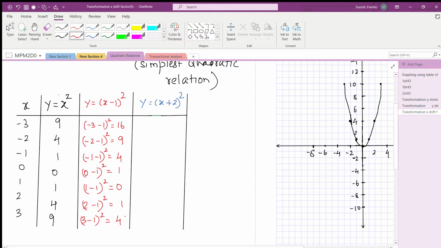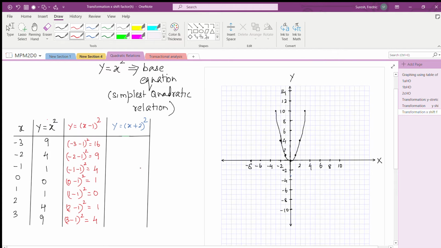Okay, so let's go back here and then plot it on the grid to see what this transformation looks like. So the first point is -3, 16. We cannot plot that. Okay, there's no space here, there's no 16. So -2, 9.